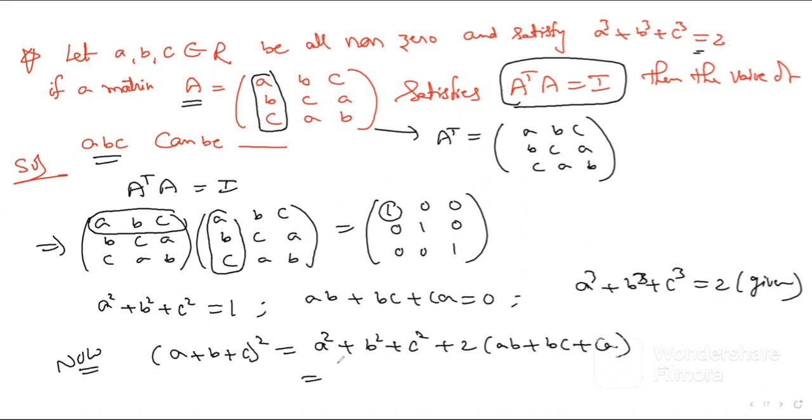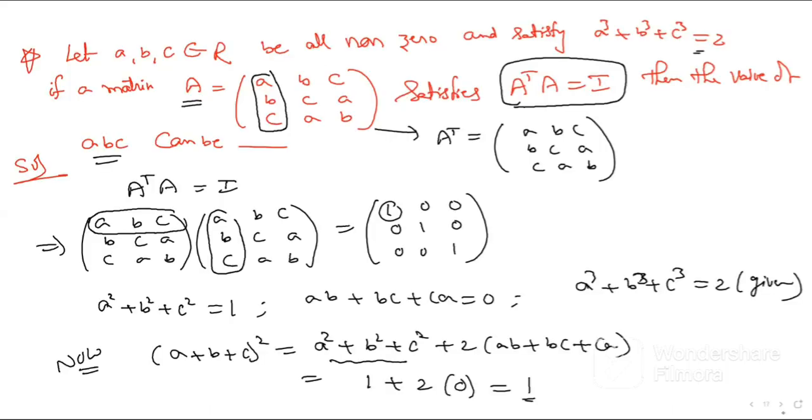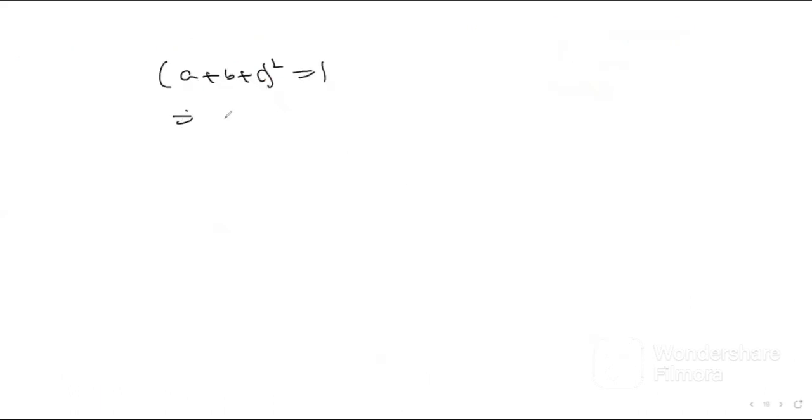A square plus B square plus C square has value 1, and AB plus BC plus CA is 0. So A plus B plus C whole square is equal to 1. Therefore, A plus B plus C is equal to plus or minus 1.